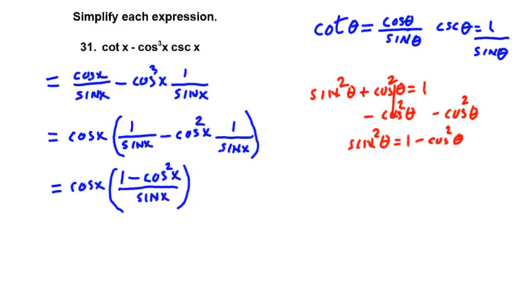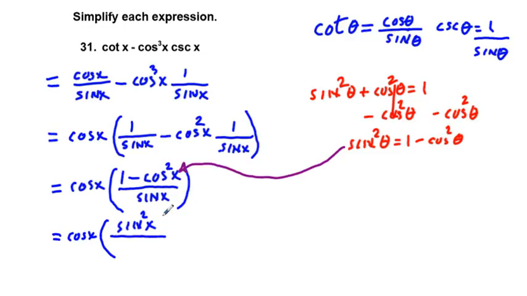And so we can take this sine squared theta and replace 1 minus cosine squared theta, where we've been working. So we have cosine x times, we replace 1 minus cosine squared x with sine squared x, over sine x.